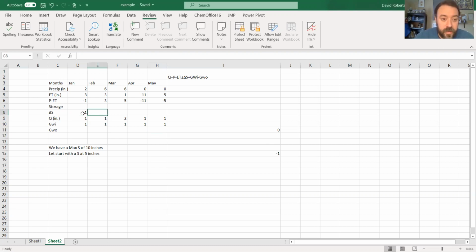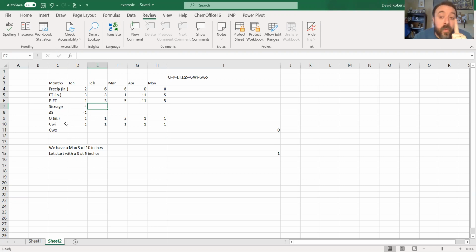I think everyone's understanding that part pretty well. We'll go from 5 to 4, right? And there is no surplus, right? The storage actually went down. It did not overfill at all. There's no surplus, so nothing left the storage to enter the rest of the system, right?